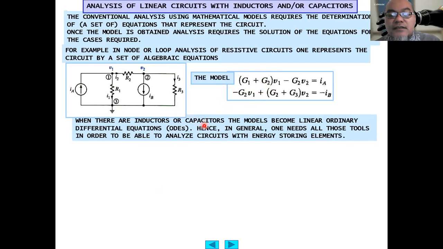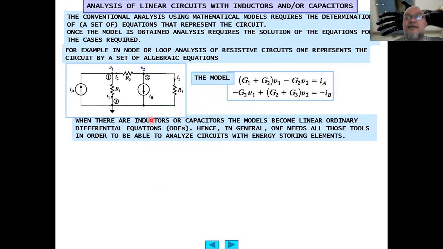When there are inductors or capacitors, the model becomes a linear ordinary differential equation, ODE. I believe Pak Agus or Pak Fatoni already taught you ordinary differential equations, and I think you also learned this in high school. Why does it become linear ordinary equations?